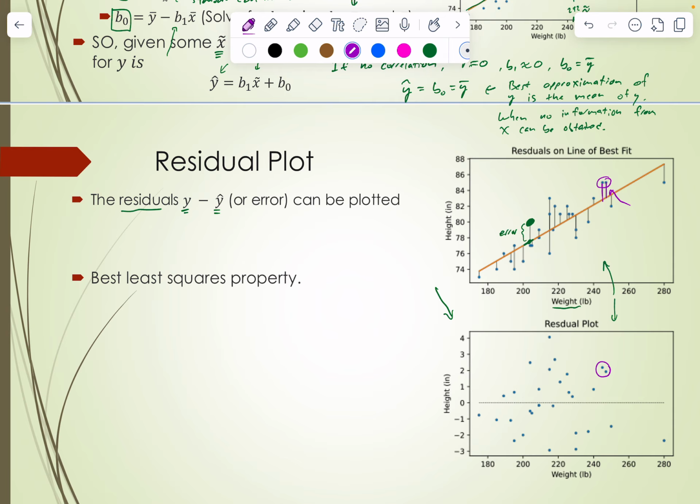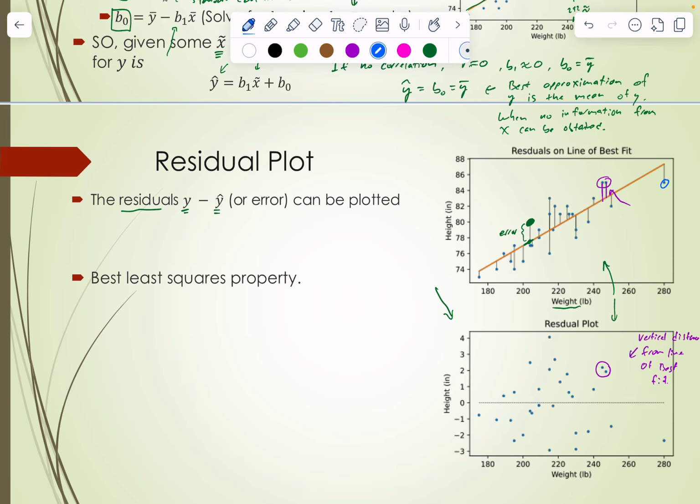So on this plot, I am plotting the vertical distance from the line of best fit.